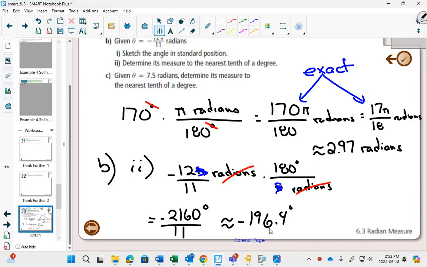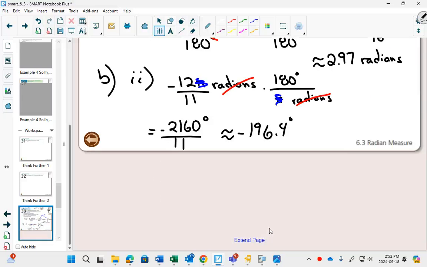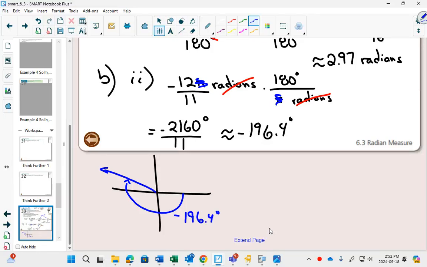One of the nice things about first converting this to degrees is now it asks us to sketch the angle in standard position. If I'm thinking in degrees, negative, standard position starts at positive x, this will be 180, right? 196, I'm going to estimate to be a little bit more. So this is negative 196.4 degrees, which is also negative 12 pi over 11.